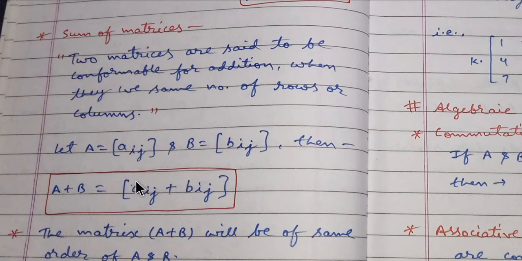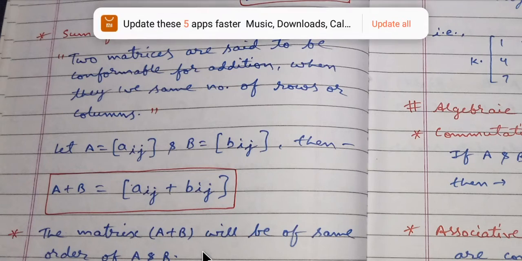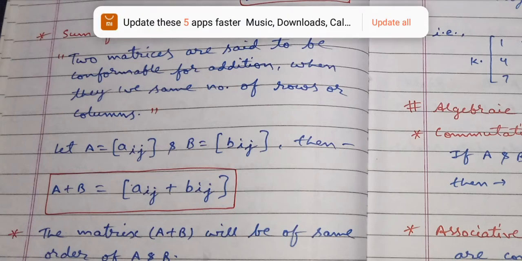The corresponding elements of both matrices are added together. So Aij plus Bij: if A is the element of the ith row and jth column, then B will also be the element of the ith row and jth column.